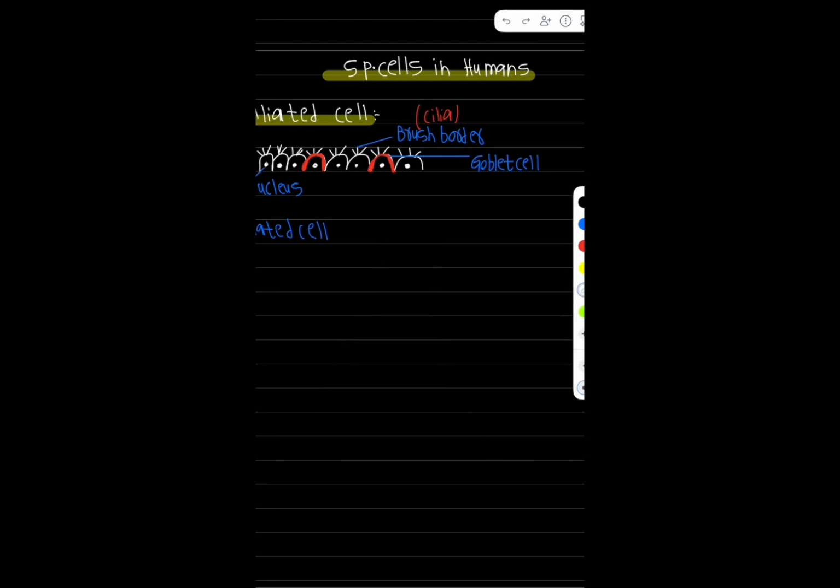Alright, so now we are going to write the definitions. First is a goblet cell.